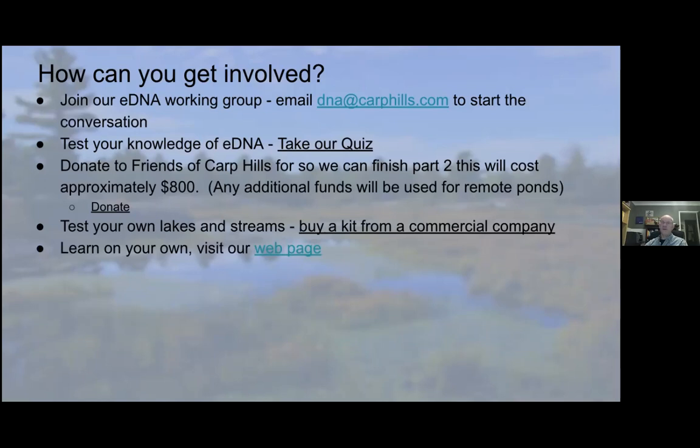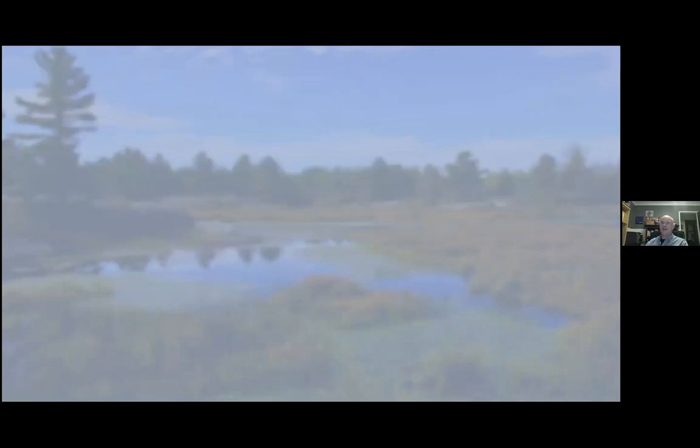You can also visit our webpage, where we have links to all the bioinformatics, the whole DNA pipeline, what primers were used, the species word cloud, and some other interesting stuff as well.